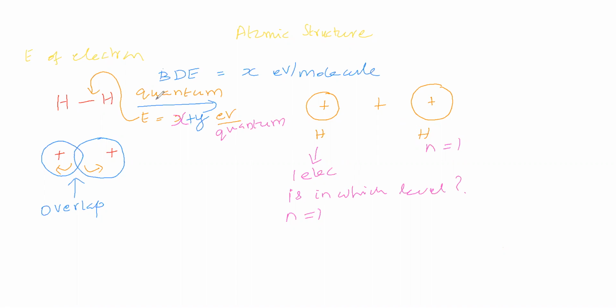This molecule absorbed the quantum. In this quantum, the energy is utilized for dissociating the molecule into atoms. After dissociation, will there be any remaining energy from what was absorbed? Yes, remaining energy is there.